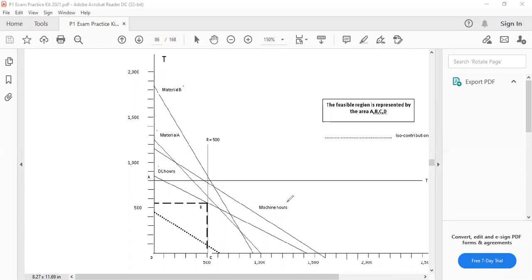So there are 4 constraints. How do we decide what the optimal solution is? That's the point. The optimal solution is in the region which is covered by all the constraints.